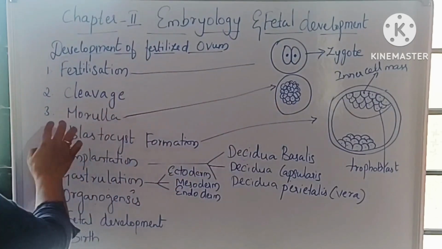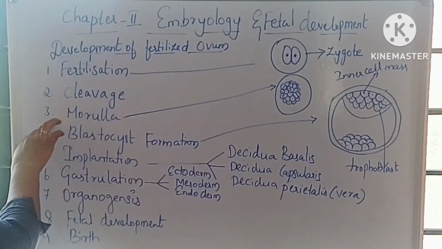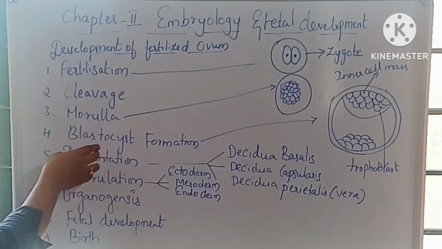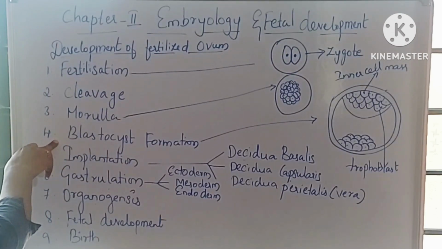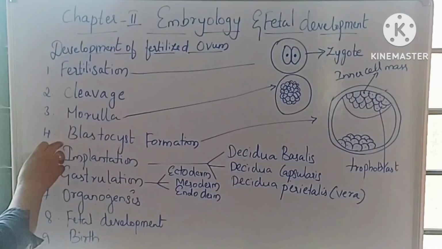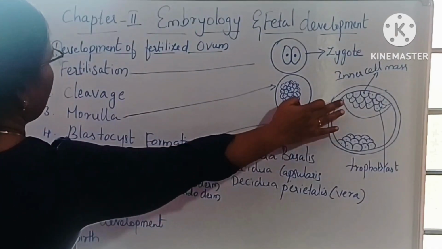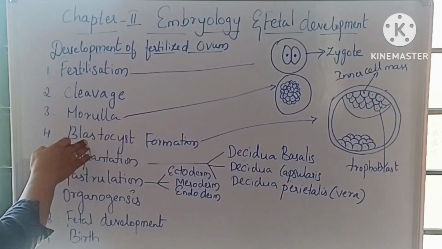The morula enters into the uterus. Next, blastocyst formation. The morula develops a cavity surrounded by a thin layer. That is called a blastocyst.